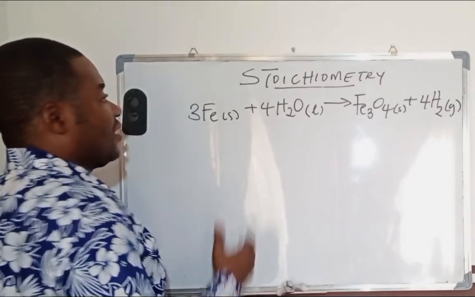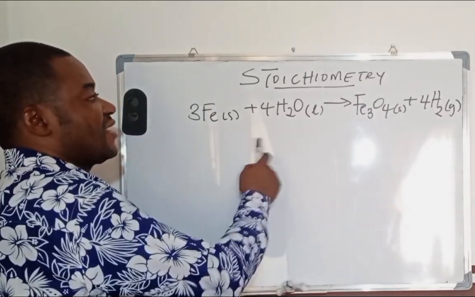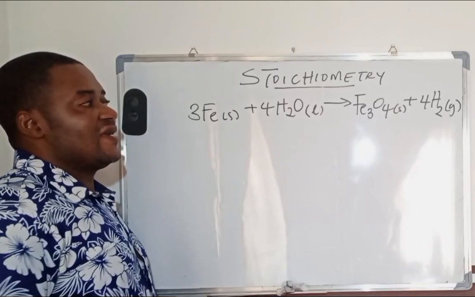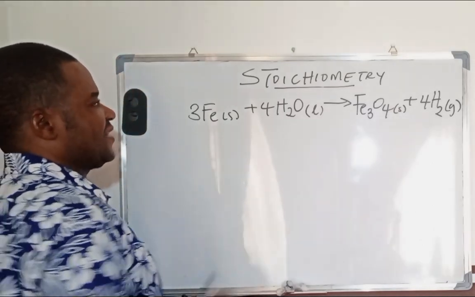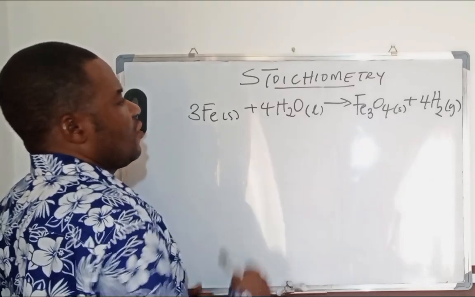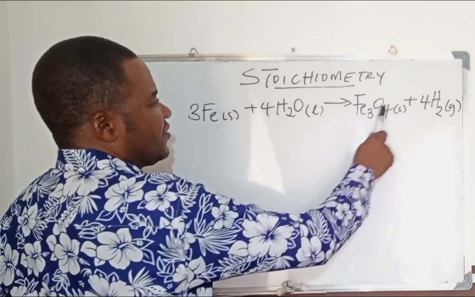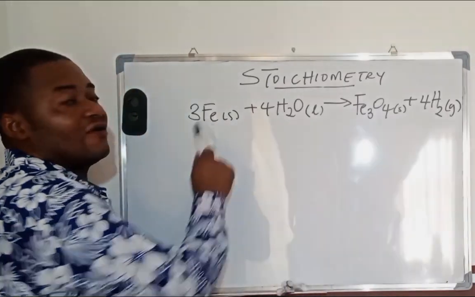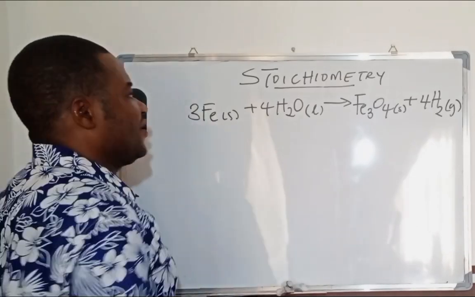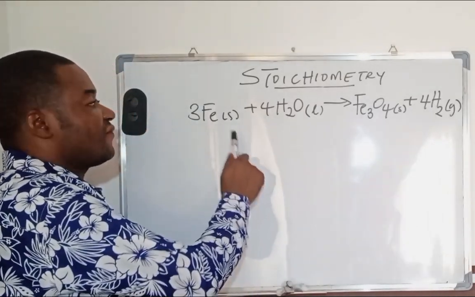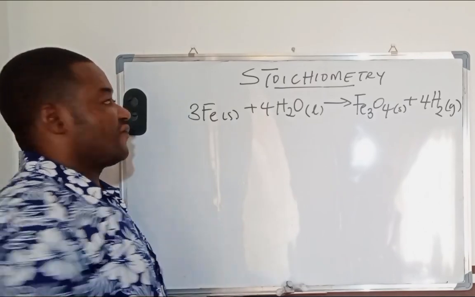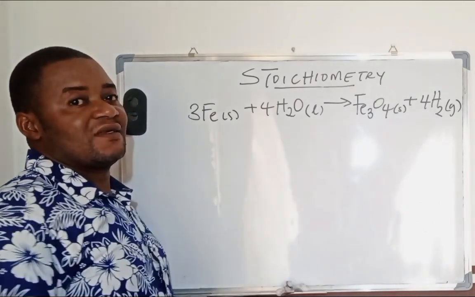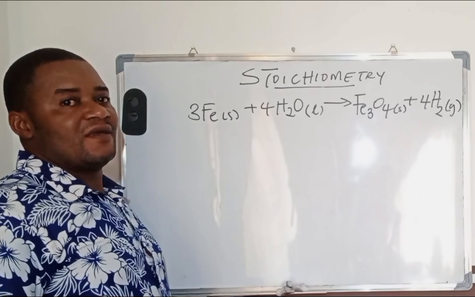If you are looking at the stoichiometry of this reaction, provided the reaction is balanced, and of course the reaction ought to have been balanced because you have 8 hydrogen and 4 oxygen here, and here is also 4 oxygen, 8 hydrogen, and 3 molecules of iron. If you are looking for the stoichiometry of this reaction, that means you are looking for the amount of reactants and products in this balanced chemical equation.